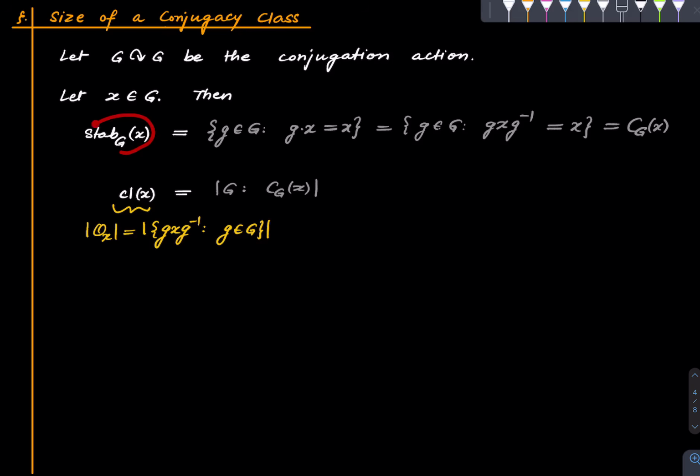We just use the fact that this is the stabilizer, and in general, the size of an orbit is the same as the index of the stabilizer. So this is the size of the orbit, and we see that nothing very complicated is going on.